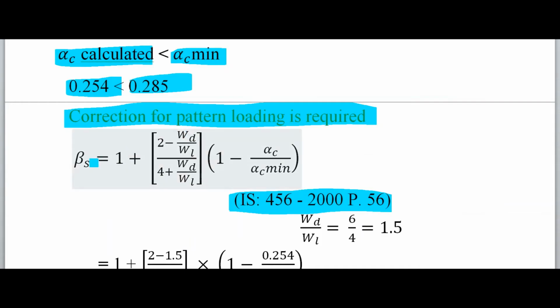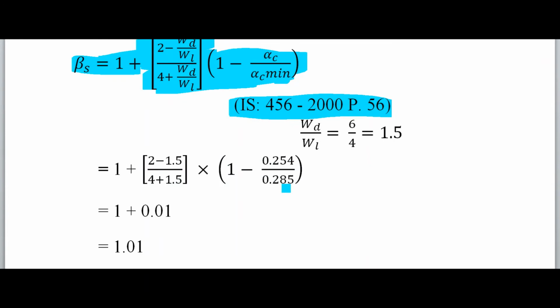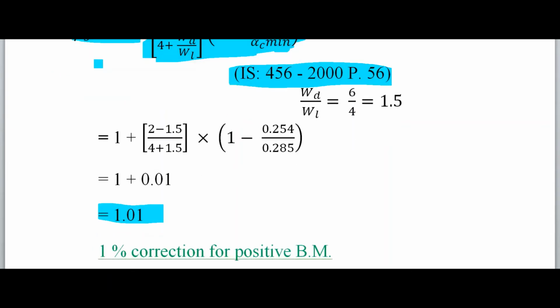Put all the values in the equation and we can find the BS value is 1.01. BS means the correction. The correction is 1.01. So 1.01 means 1% correction is required for the positive bending moment.